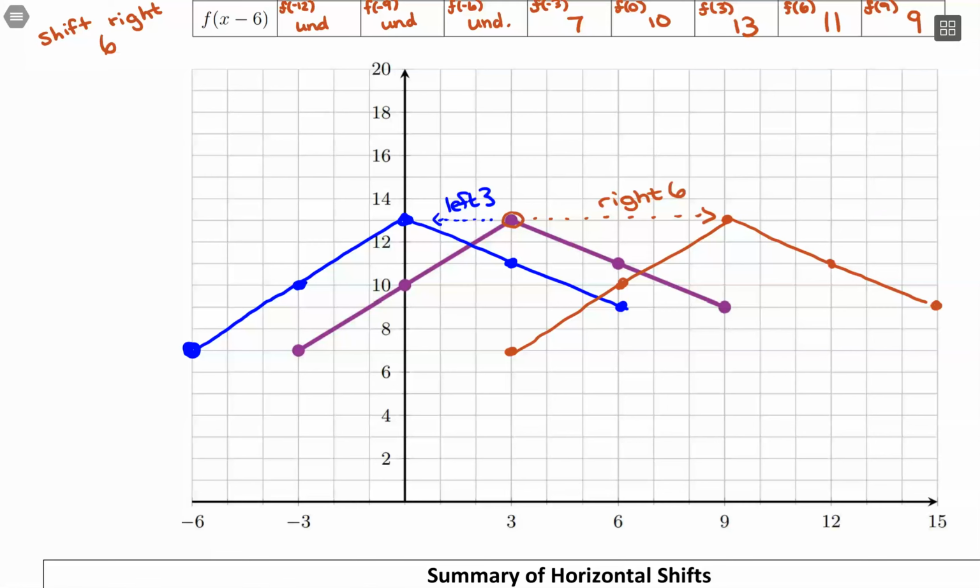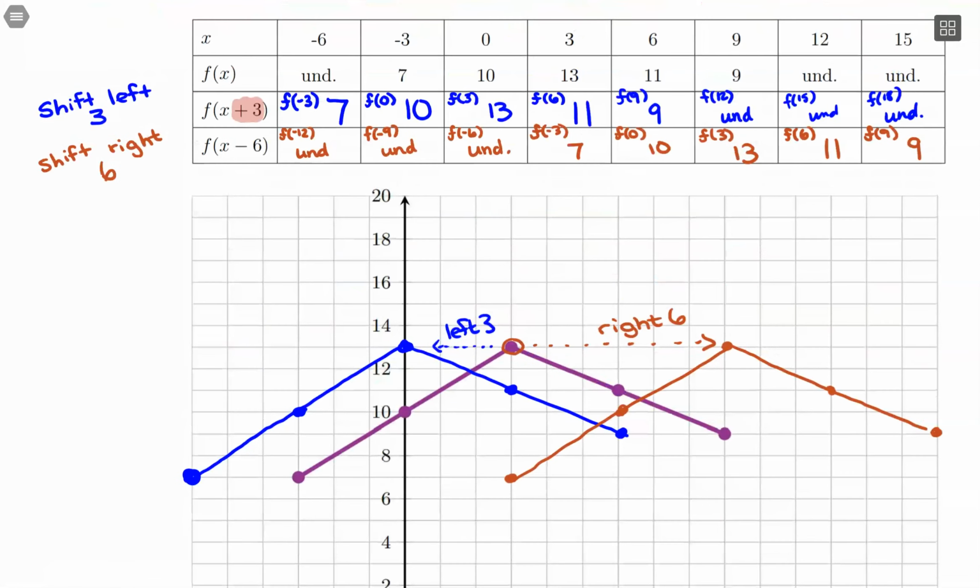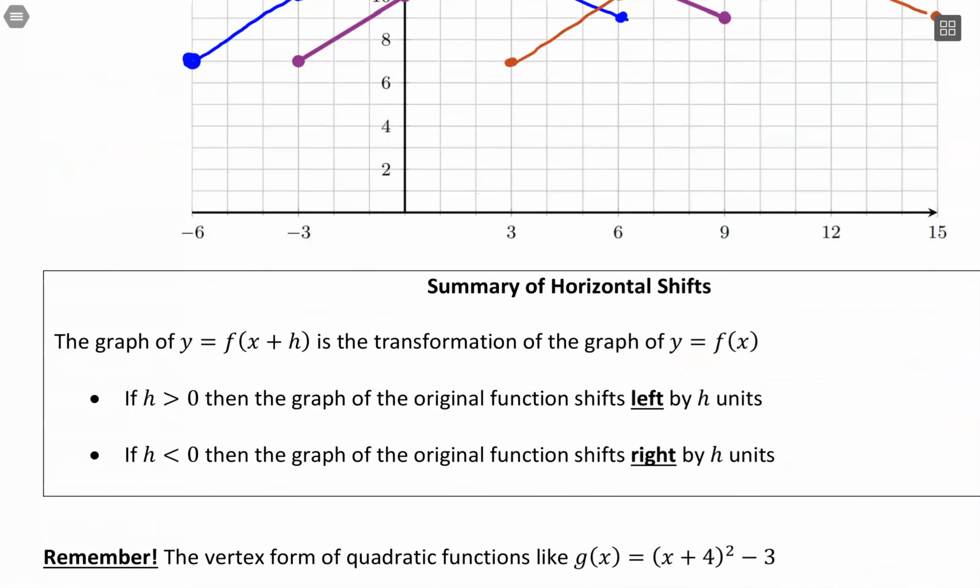Okay, so the punchline is going to be, with the input of your function, if you see addition of a number, it's going to be moving to the left. If you see subtraction with a number, it's going to be moving to the right. So for our general form, this horizontal shift is coming from adding or subtracting a number with x inside of the function. If we're adding or subtracting on the outside of our function, that's our vertical shift, but inside.